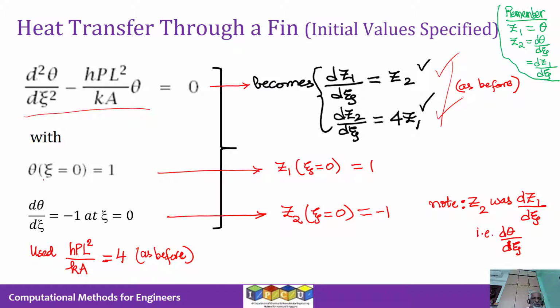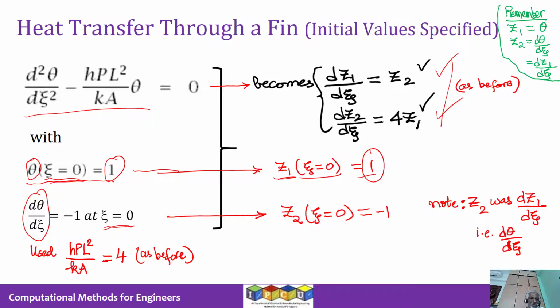Now, the first condition given to us is theta at psi equal to 0 is 1. We know theta is nothing but z1. Therefore, this translates to z1 at psi equal to 0 is equal to 1. The second condition is d theta by d psi equal to minus 1 at psi equal to 0. So both conditions are at psi equal to 0. That's why it's called an initial value problem. Both conditions are given at the same left boundary.